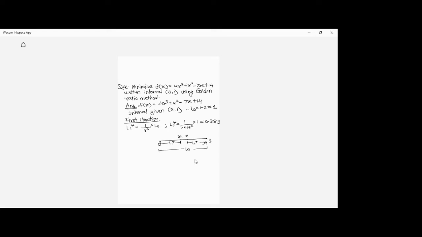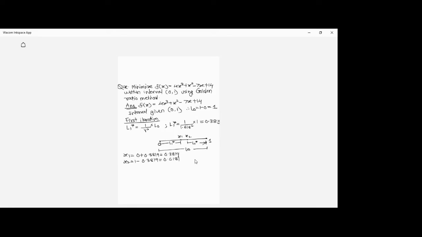This is our x1, this is our x2. Now can we find out x1? x1 is equal to 0 plus L1 star, that is 0.3819, and x2 is equal to 1 minus 0.3819, which comes out to be 0.6181.